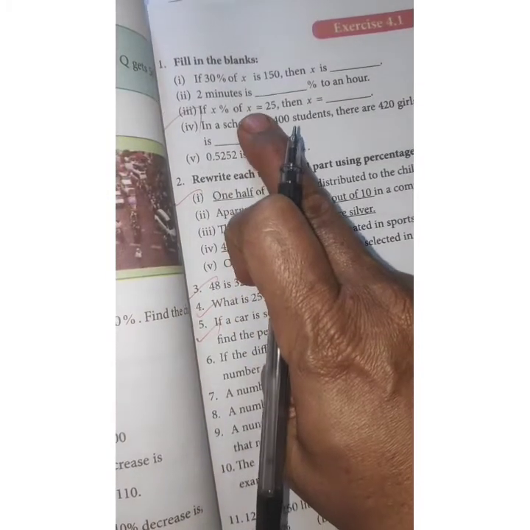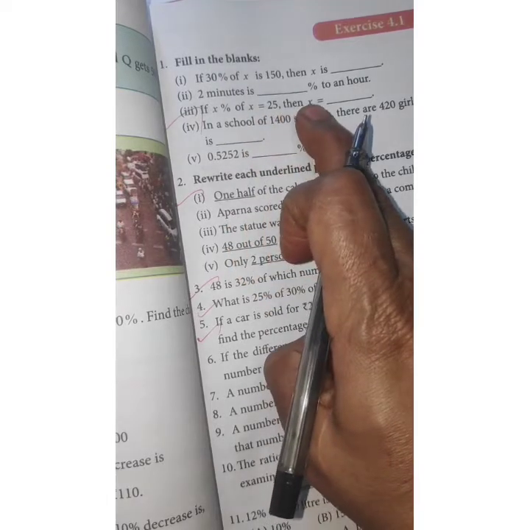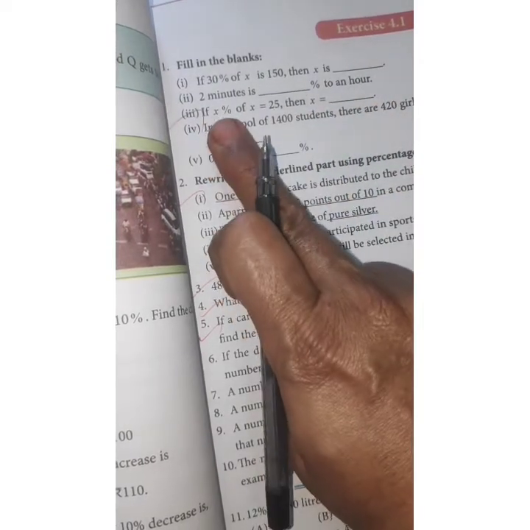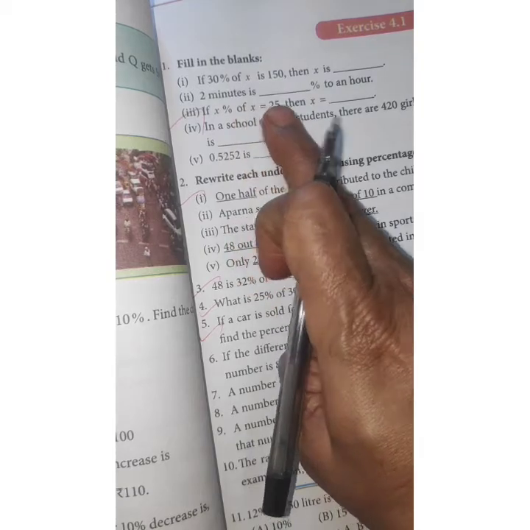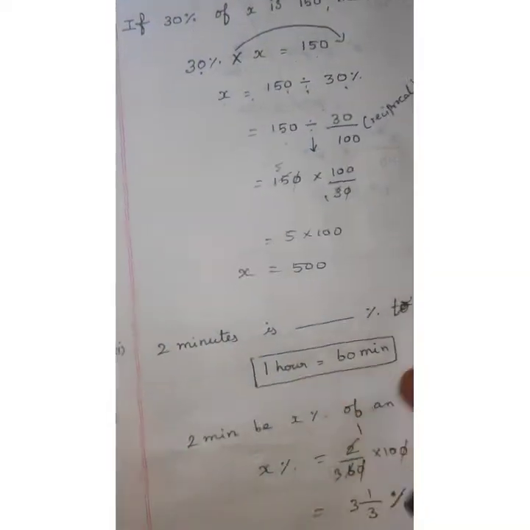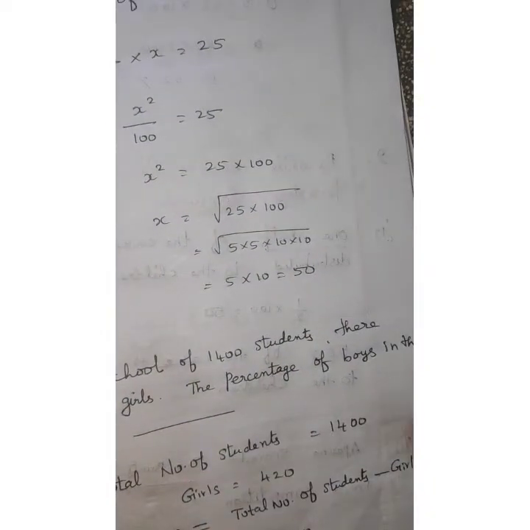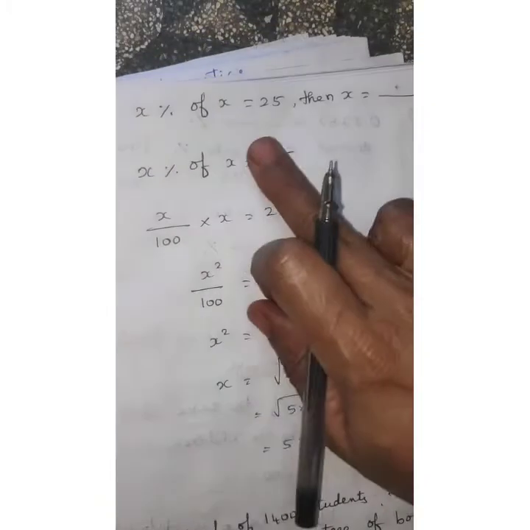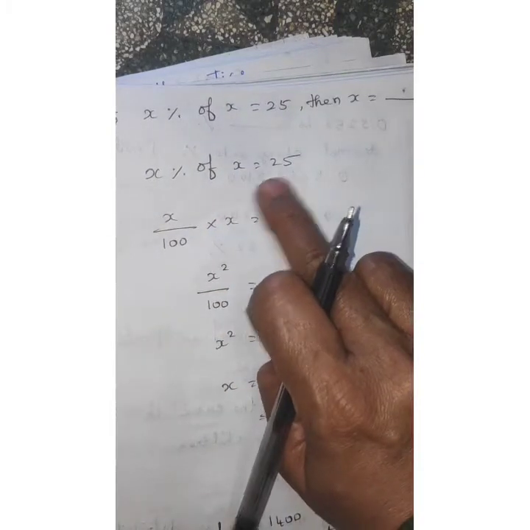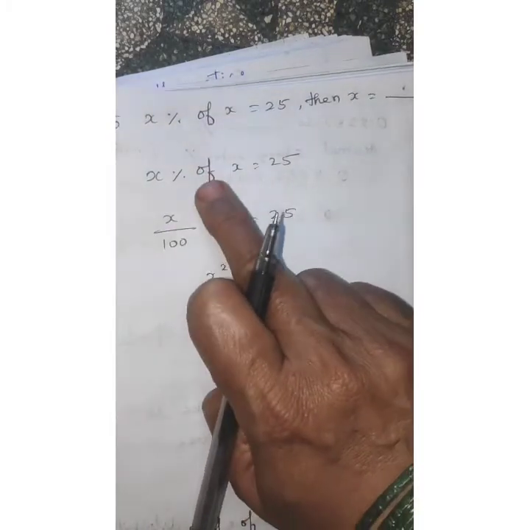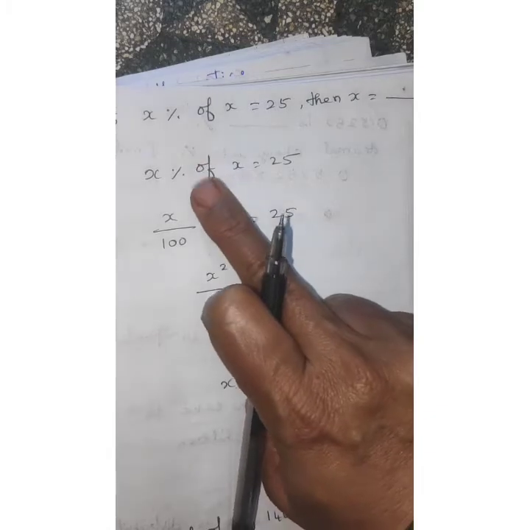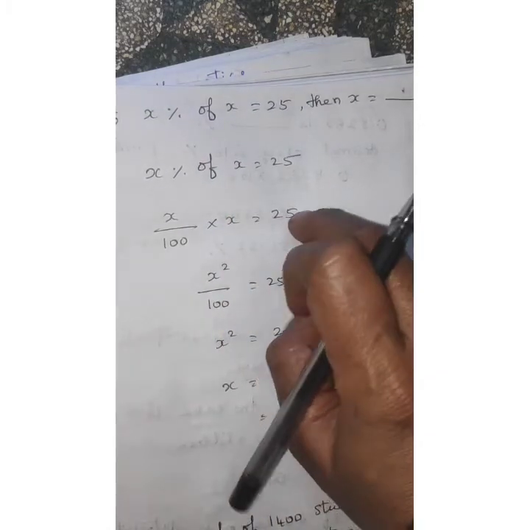If x percentage of x is equal to 25, then x is equal to dash. You write x percentage of x equal to 25. X percentage written in fraction form is x by 100, and this is into x, equal to 25.